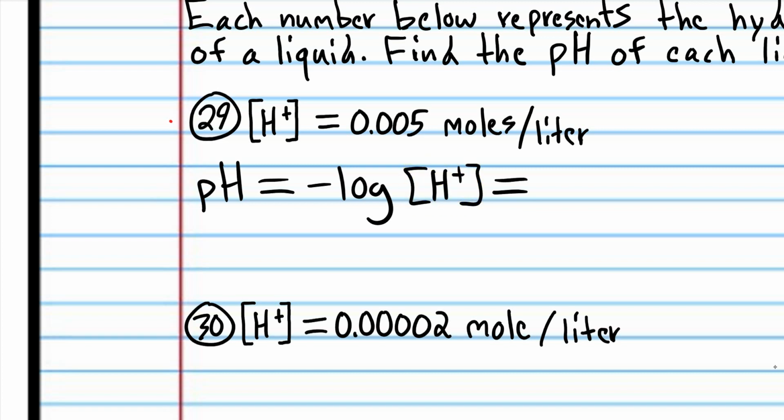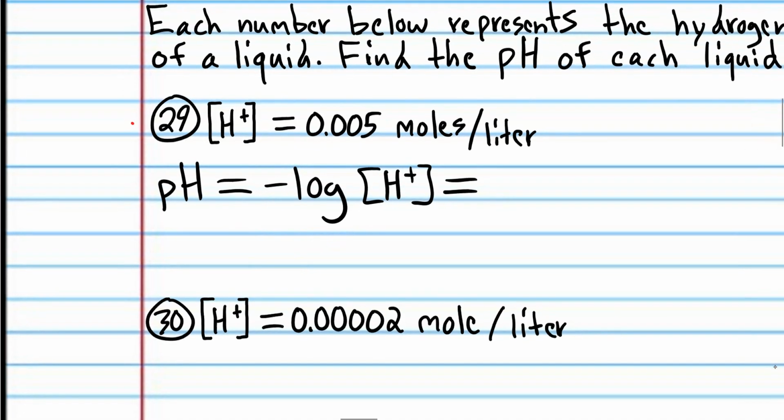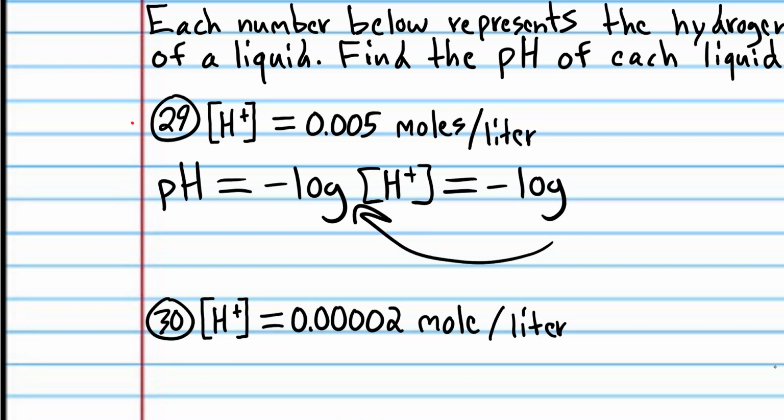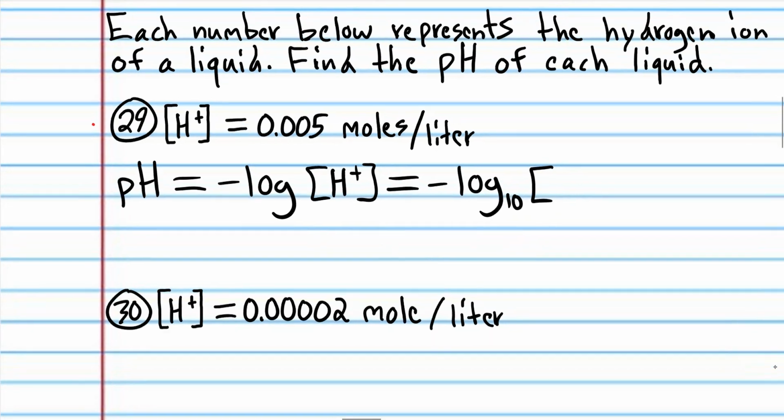Now, the reason we write the negative symbol is because our answer is going to end up being negative in most cases. So in order to, again, make the numbers easier, we're going to switch it to a positive with the negative symbol. That's just how pH is defined. Again, this is all just to make the numbers easier for us to consider. So we don't know what the base is because there is no base written. But remember, when there's no base written, that means base 10.